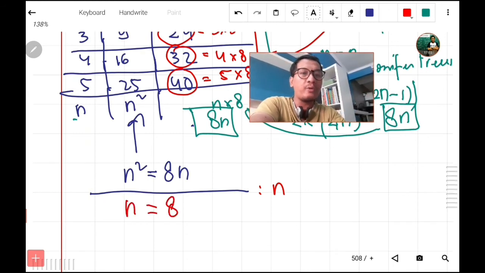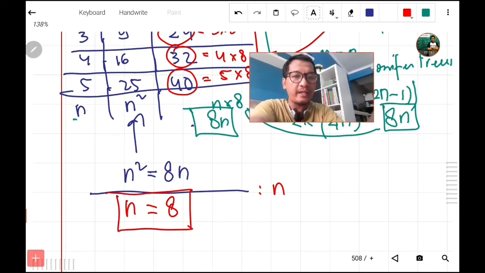So the number of apple trees is equal to the conifer trees when n is equal 8.